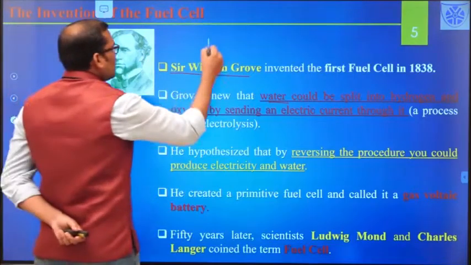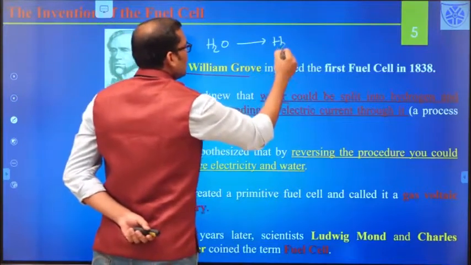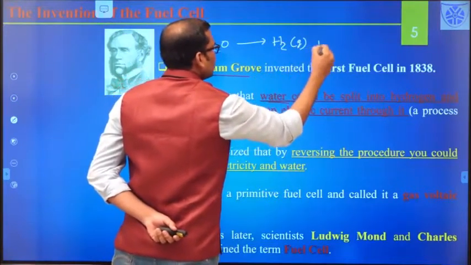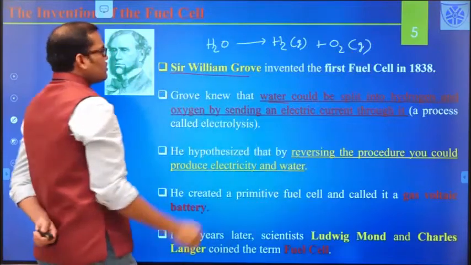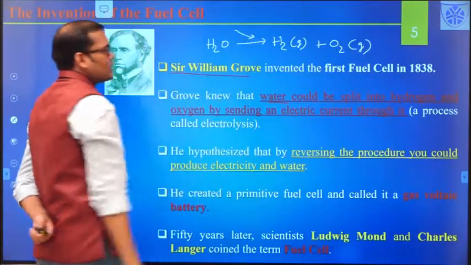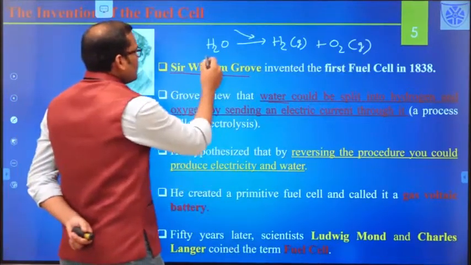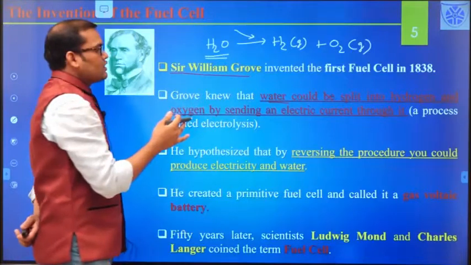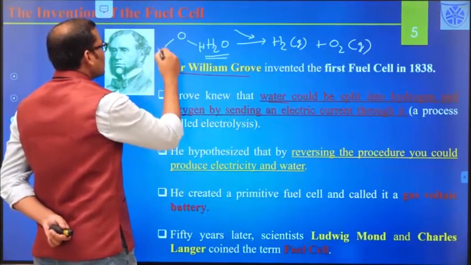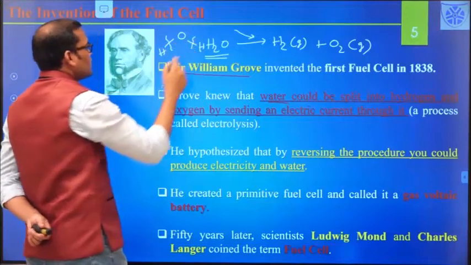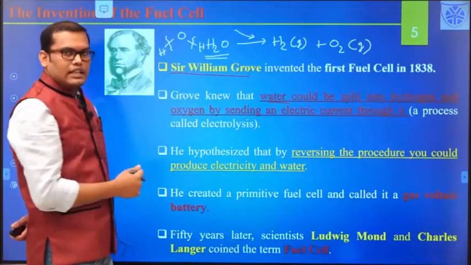That means you have water, you want to split it into hydrogen, which is a gas, and oxygen, a gas. So you have to use some electricity or some kind of energy, right? That means you are breaking the bonds between the hydrogen and oxygen, so it is forming hydrogen and oxygen gases.